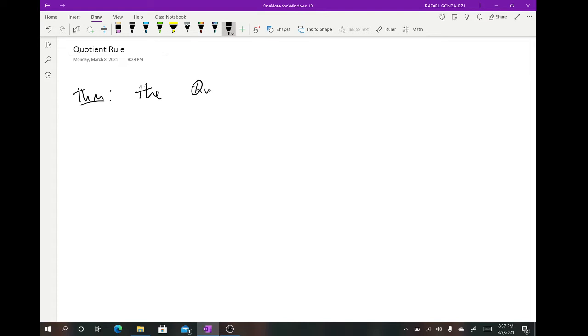Any book that you see or any video that you watch on the internet or YouTube, you will see this referred to as the quotient rule.